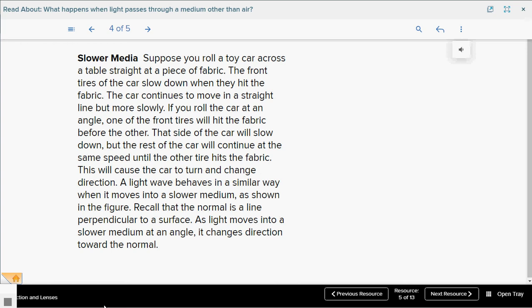A light wave behaves in a similar way when it moves into a slower medium, as shown in the figure. Recall that the normal is a line perpendicular to a surface. As light moves into a slower medium at an angle, it changes direction towards the normal. It's called a slower medium.